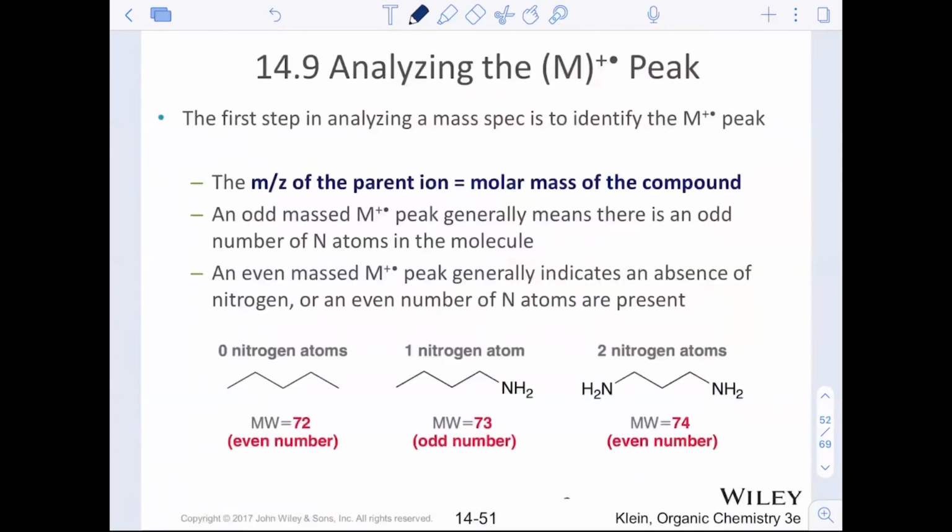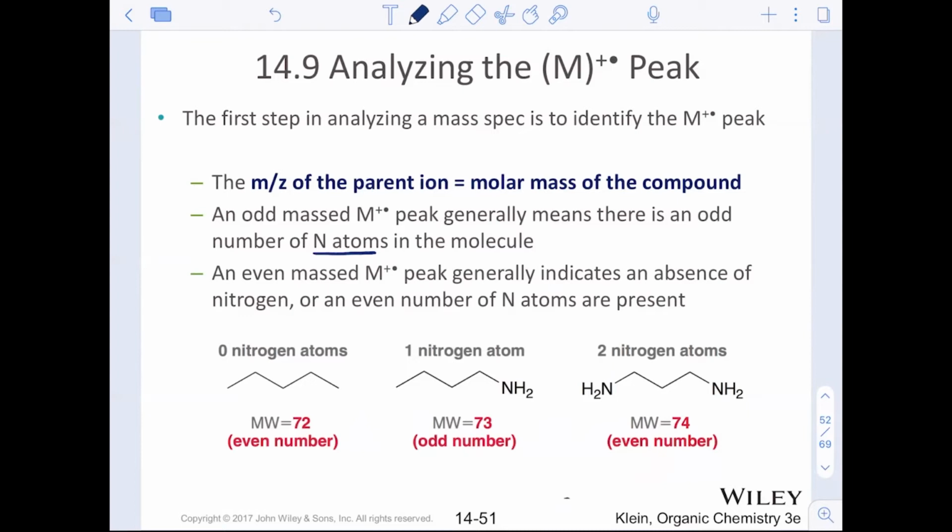Now, in analyzing the parent ion peak, something that's very important is the mass to charge ratio of the parent ion will be the molecular mass or the molar mass of the compound. An odd massed molecular ion peak generally means that there's an odd number of nitrogen atoms, and an even mass peak generally indicates that there is an absence of nitrogen or an even number of nitrogens present, right?